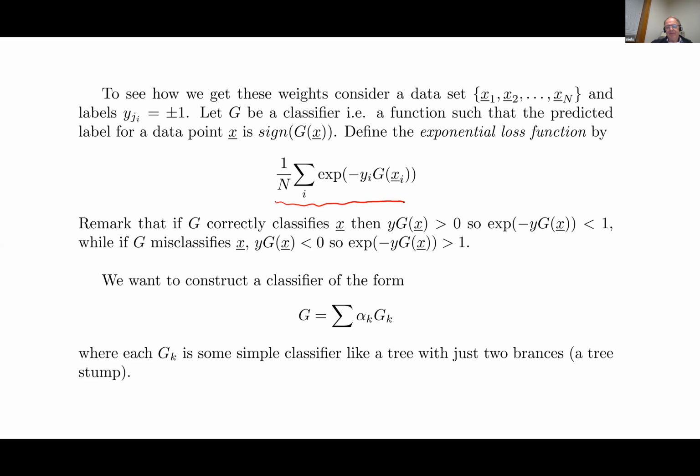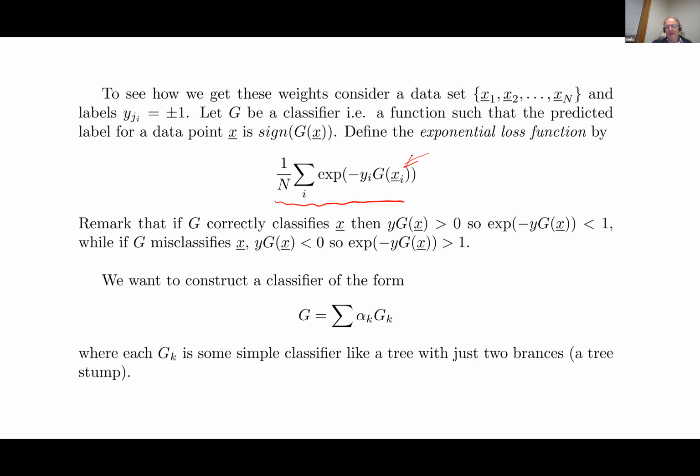We define it this way here. So g(x_i) is going to be positive or negative, and actually it's going to be plus or minus 1. So if g correctly classifies x, so if this has the same sign as y_i, which is plus or minus 1, what do we have then?